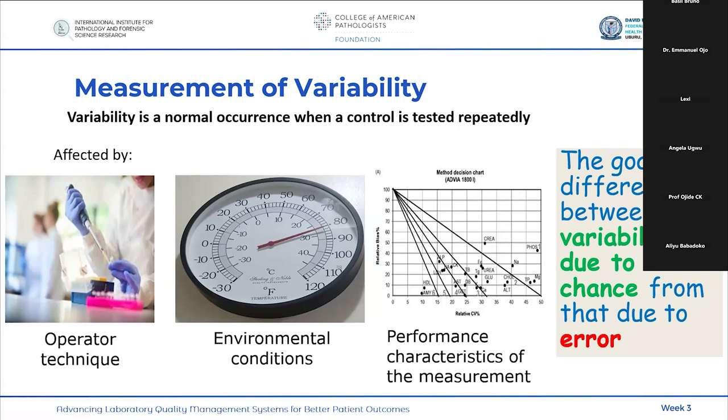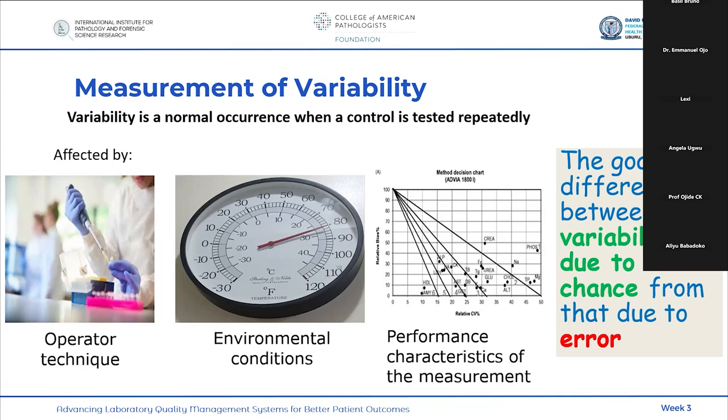And like I said, there is the normal variability that is expected. You are not expected to get the same thing every time. So it could be the operator's technique. Even if you are the same person, the way you dispense the sample the first time from the pipette might not be the way you do it the second time.